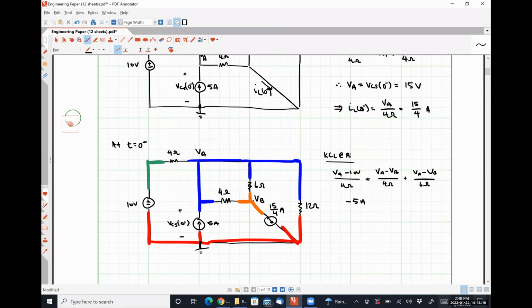Minus 5 amps, plus VA over 12 ohms, is equal to 0. So to be clear here, I'm taking this current, this current, this current, this current, and this current. So there are 5 different branching paths out of node A, and I have 5 terms in my equation, so I believe I've taken care of all of them.